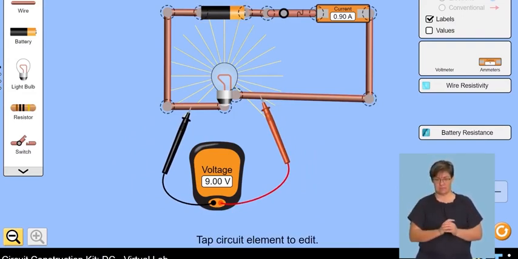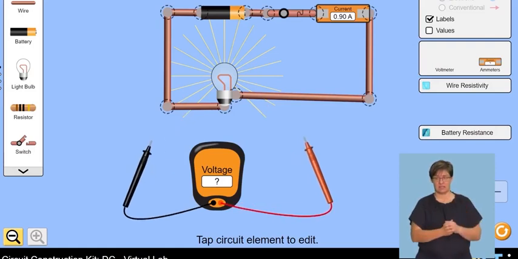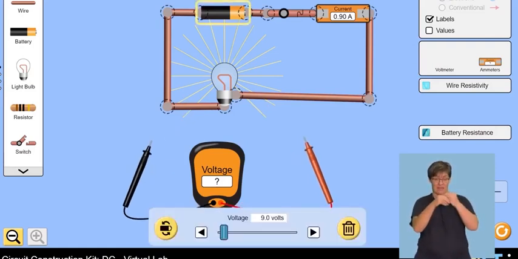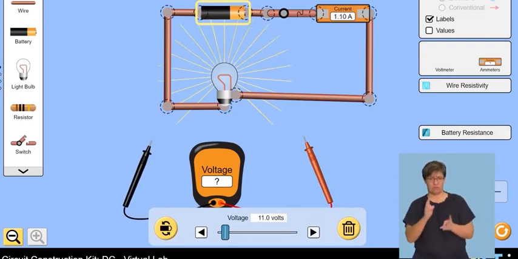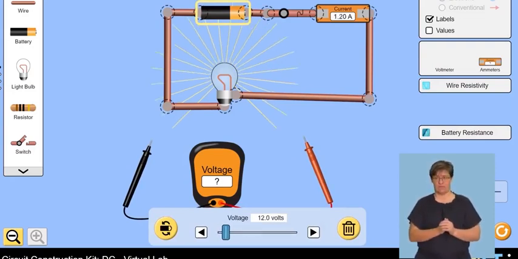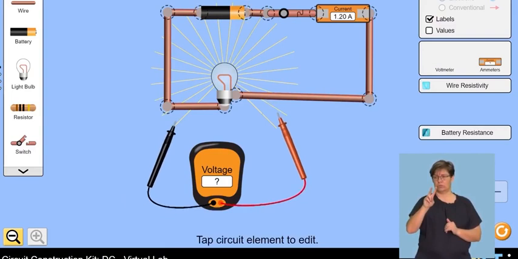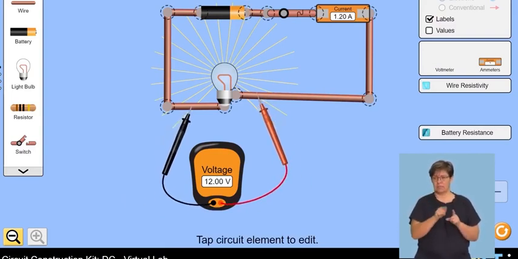Now, let's do the last one, making it 4 times as big. So if the voltage that the source supplies was 9, what about if it's 12? The brightness is even more increased. The current is increased to 1.2 amperes. And the voltage across the source is 12 volts.